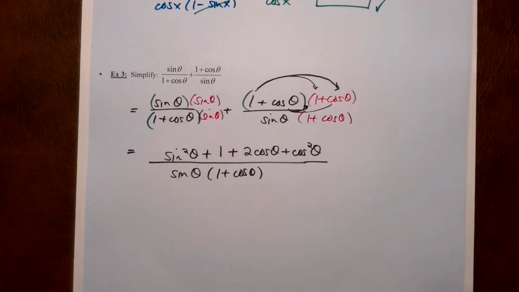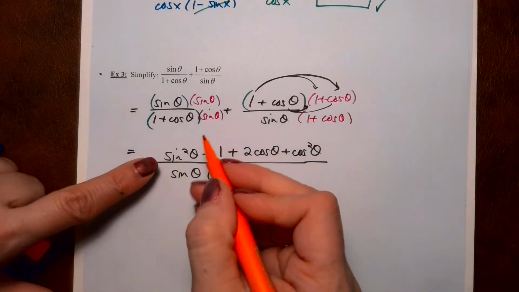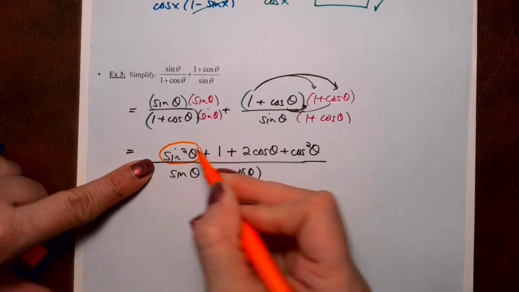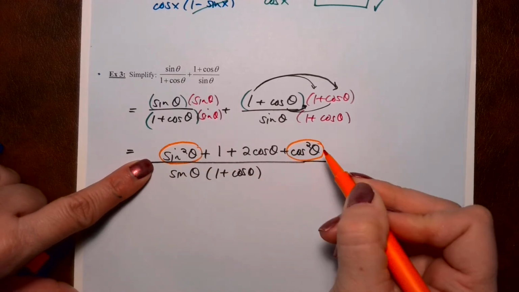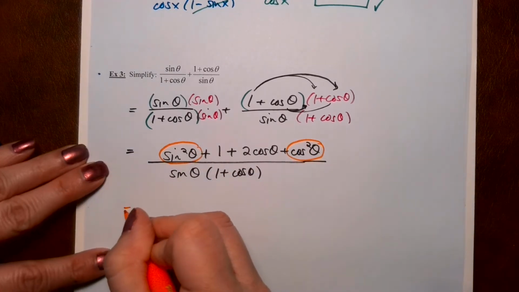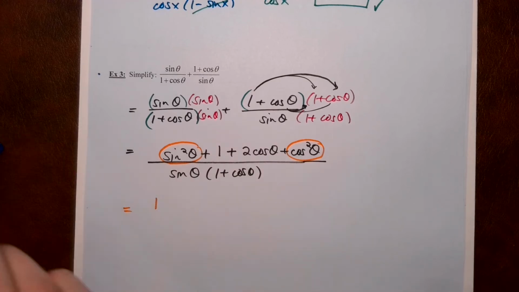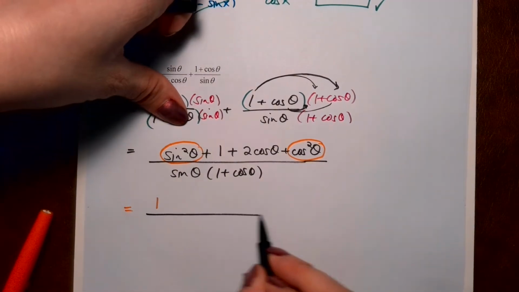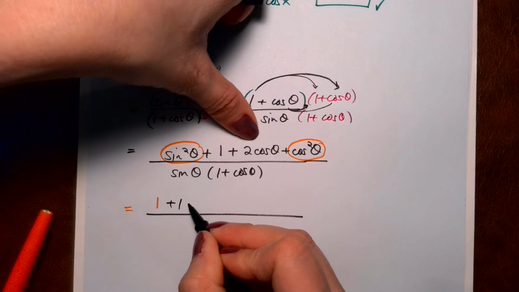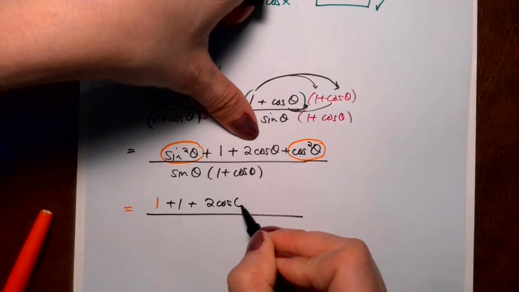Okay, let's see. There's a lot of squares here. So let's just look at them for a second. We've got a sine squared and a cosine squared. So those are going to be replaced with a 1.